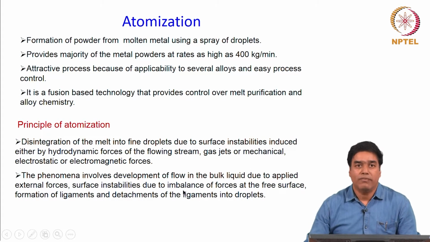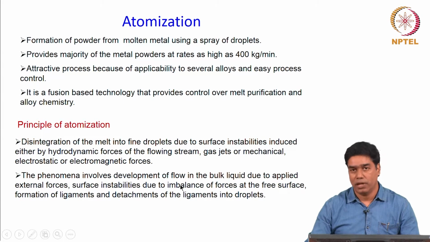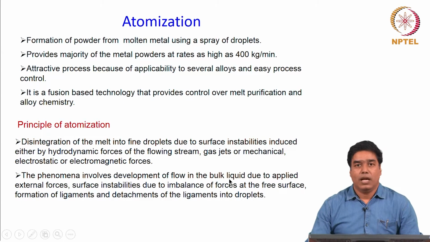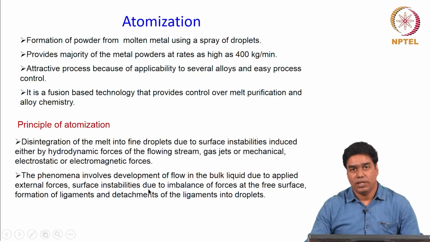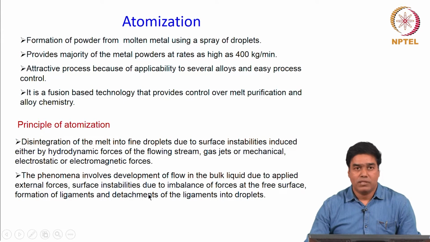And the phenomenon involves the development of flow in the bulk liquid due to the applied external forces, and then development of the instabilities due to the imbalance of forces at the free surface, okay, which first leads to formation of ligaments and detachment of the ligaments into droplets.